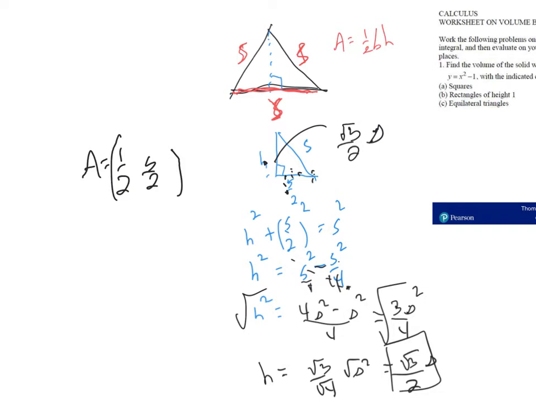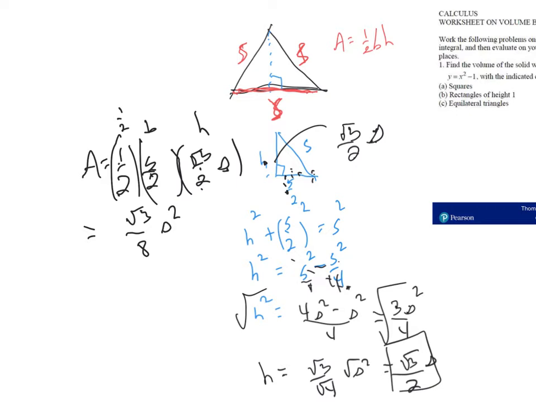There's my base, there's my 1/2. The height we said is square root of 3 over 2 times S. There's my height. Put that all together. I have 1/2 times S over 2, and there's another 2 here, so there's an 8 here. 1 times S times S makes it S squared, and there's a square root of 3. Square root of 3 S squared.